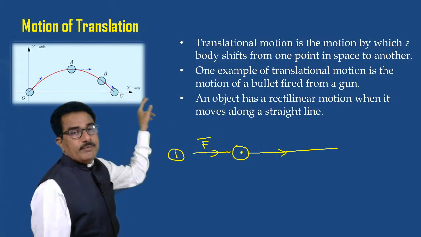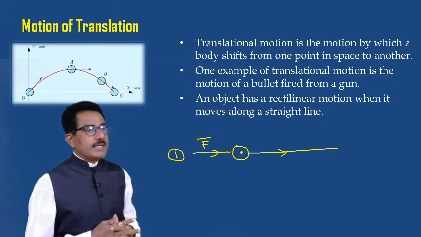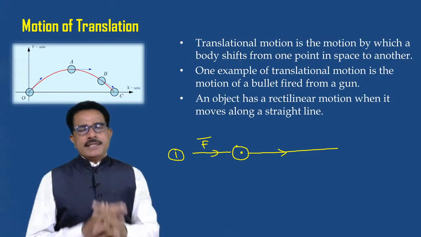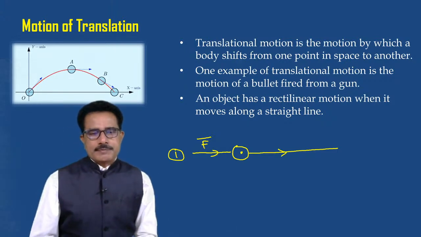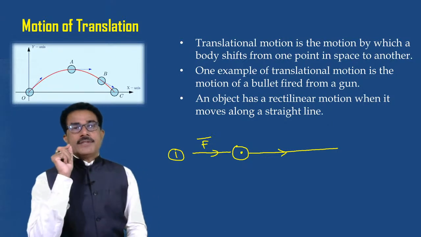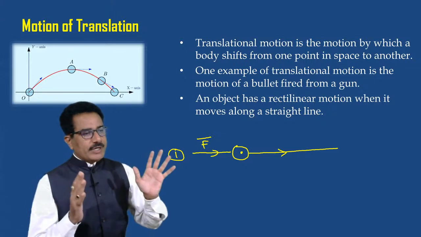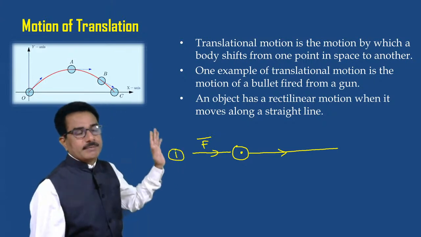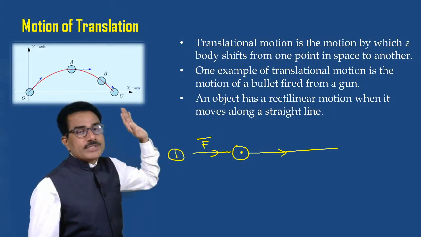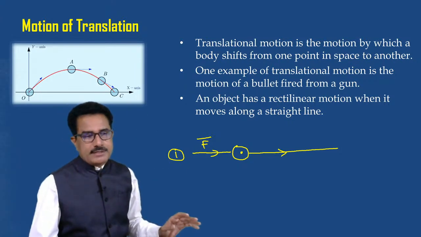Generally in the motion of translation, all the particles of the rigid body displace in the same direction. So that type of motion is called motion of translation.